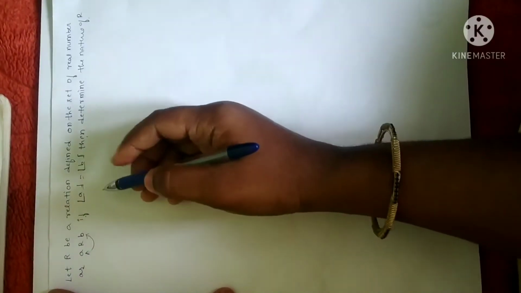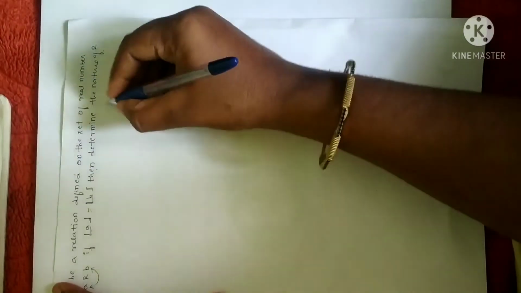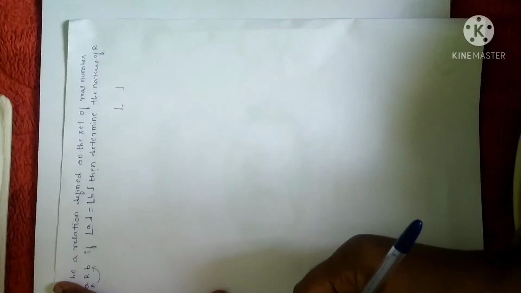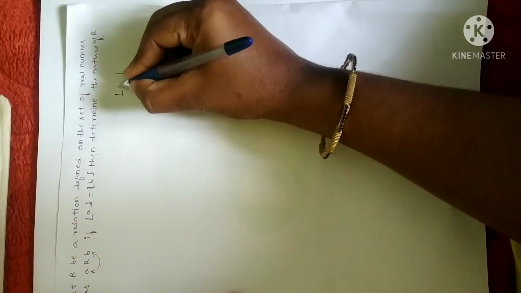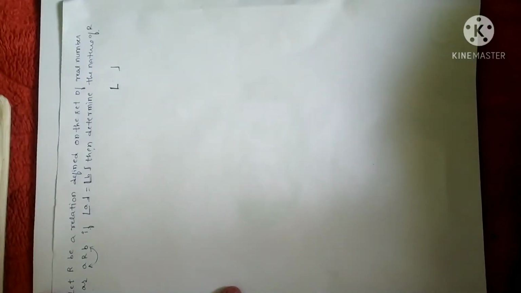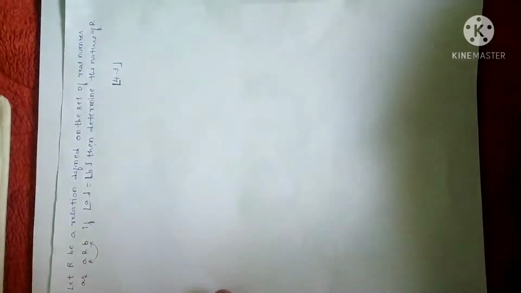Now, before getting to the problem, let me explain the basics of the floor function. In mathematics, this symbol is used for a floor function. When I write any value between these symbols, it denotes a floor value. I'll give you a simple example. Suppose the floor of 4.3.